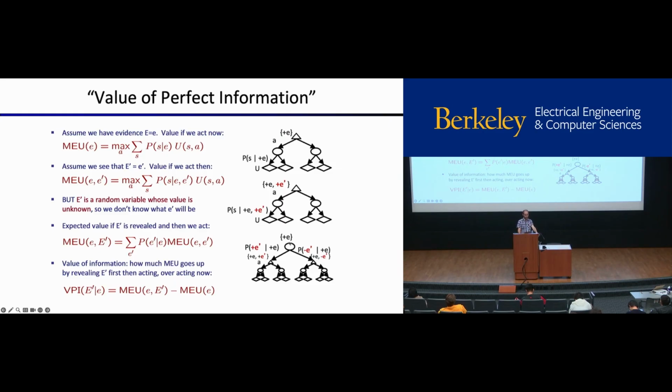So there's a chance node at the top, not an action node at the top, which is what we're used to seeing. That's going to resolve what evidence we end up observing, and then that's going to change our decision tree at that point because the probabilities down the line will be conditioned on that new evidence.